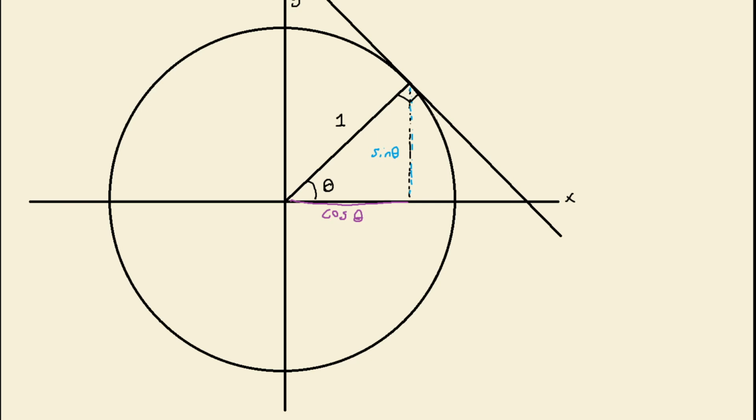This triangle here has a 90-degree angle, and it shares this angle with this triangle. And so this angle here must be equal to this angle here, since the other two angles are equal. And so basically these two triangles are similar triangles.